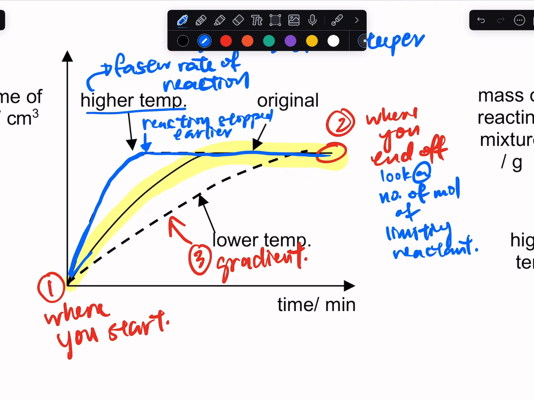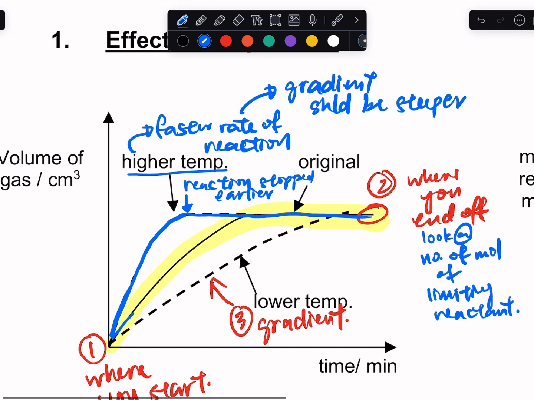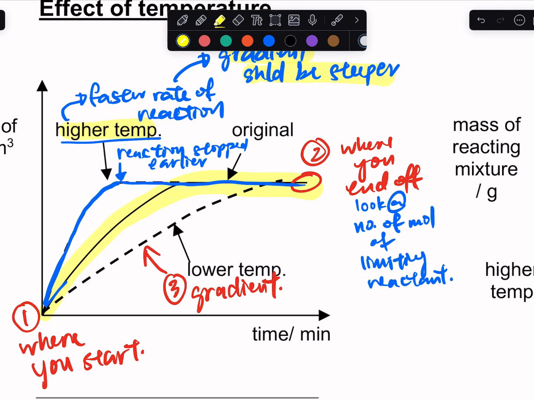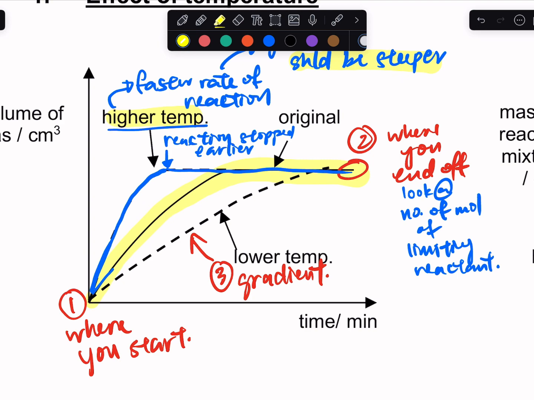Okay, I say again. Rate of reaction affects the gradient. So increase in temperature makes the gradient steeper. So at the start, you start at 0 also, because at the start no gas. Then it goes steeper, and then it ends off at the same point, because increasing temperature doesn't increase the number of moles of limiting reactant. Then we look at if it's at a lower temperature. Lower temperature, I know that it should be slower rate of reaction.